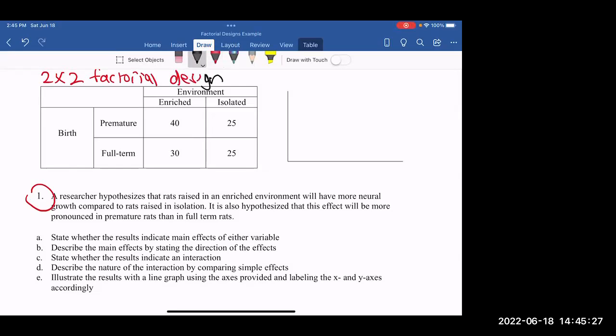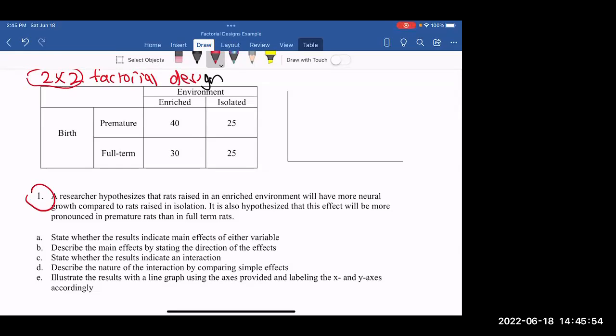Okay? And from this notation, we know that we're dealing with two independent variables, right? Because there are two numbers here. And we know that each individual independent variable has two levels because the number is 2, right?